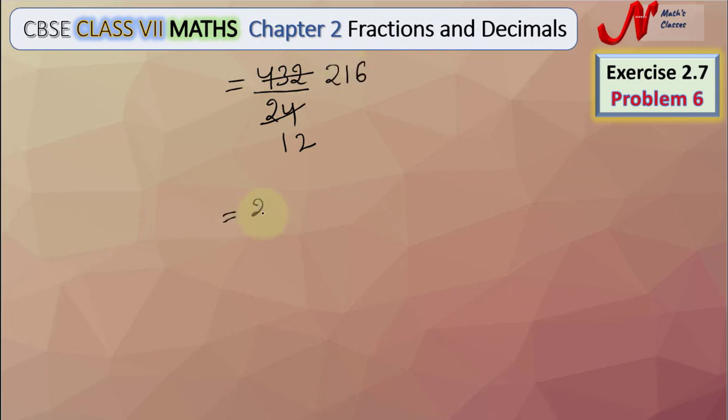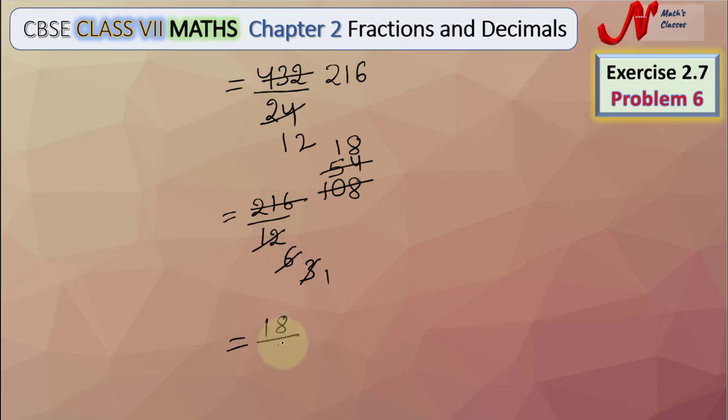So it can be written as 216 by 12. Again we can cancel, 2 sixes are 12, 2 tens are 20, 2 eights are 16. Again we can cancel, 2 threes are 6, 2 fives are 10, 2 fours are 8, 3 ones are 3, 3 ones are 3, 3 eights are 24. So it can be written as 18 by 1, which is equal to 18. So we can write it as 18 kilometers.